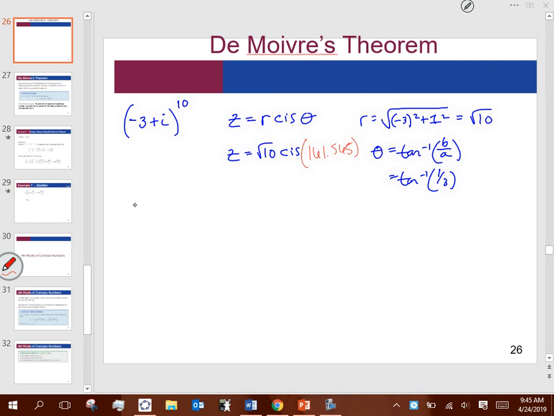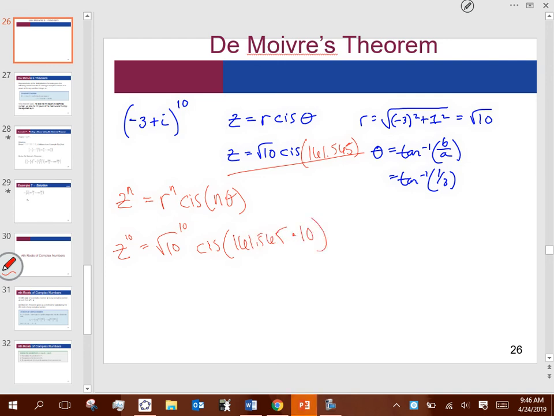All right. So then z to the 10th. Remember what de Moivre says. z to the nth is r to the nth cis n theta, right? So here's our z. So we're going to go root 10 to the 10th cis 161.565 times 10.